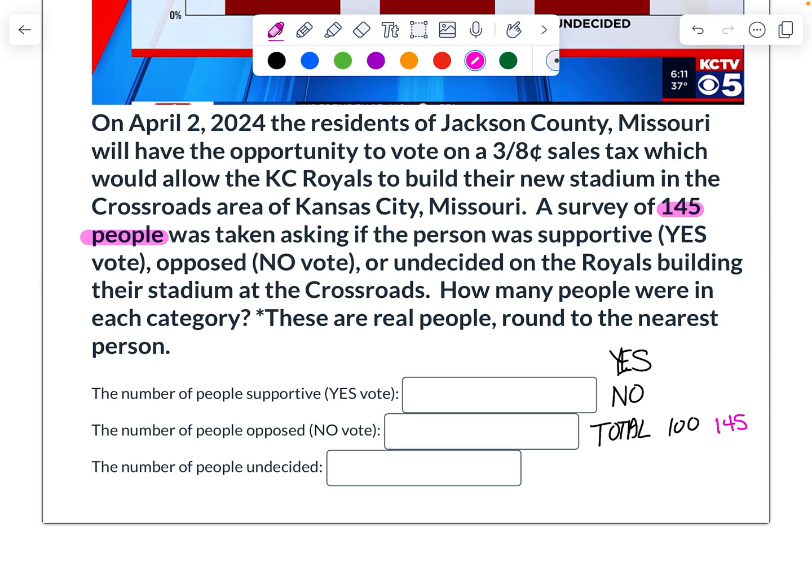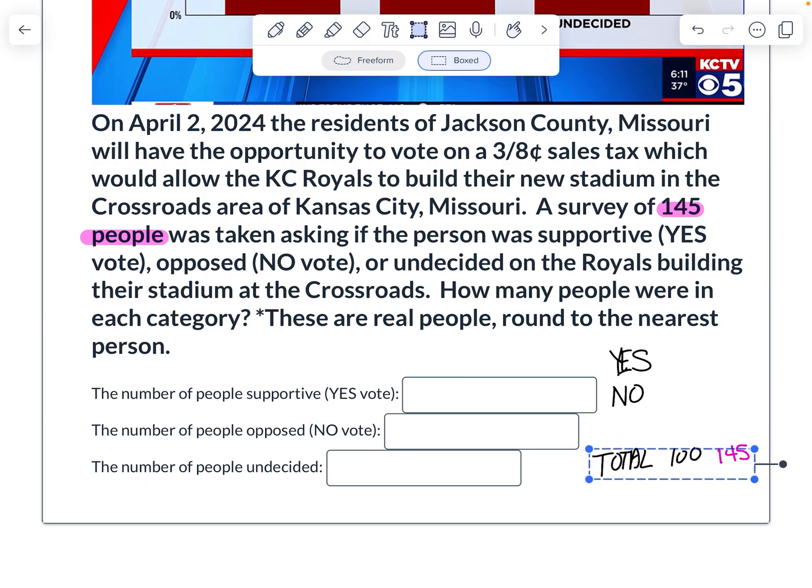A survey of 145 people was taken asking if the person was supportive, yes, opposed, no, or undecided. Ooh, I need the undecided group. I forgot about the undecided group.